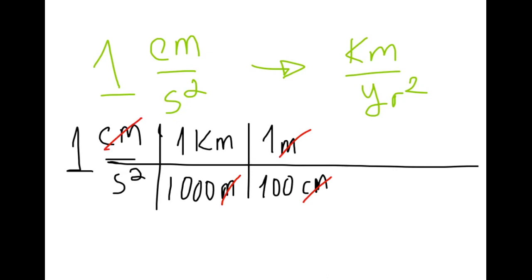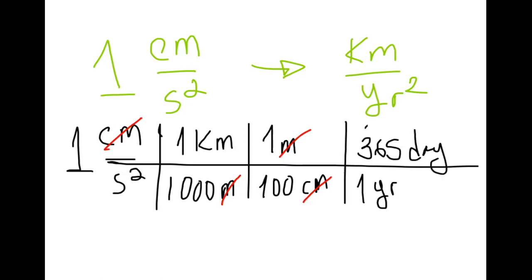And then, of course, we need to do the same, but now for time. And time is interesting because we want to turn second squared to years, and we want it downwards, and you know that 1 year is 365 days, and this has to be squared.